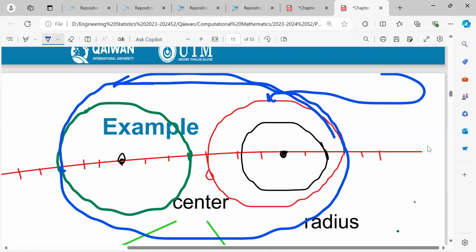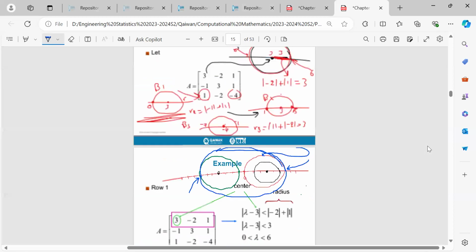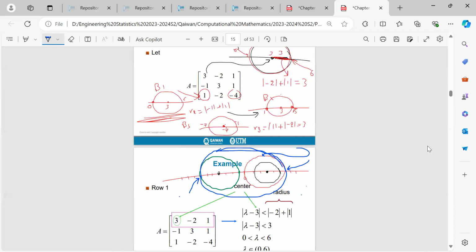Each of these is a region which an eigenvalue is in. Then all the eigenvalues, we could say, are between -7 and 6. All of them are between these two. So this is the region for the eigenvalues.